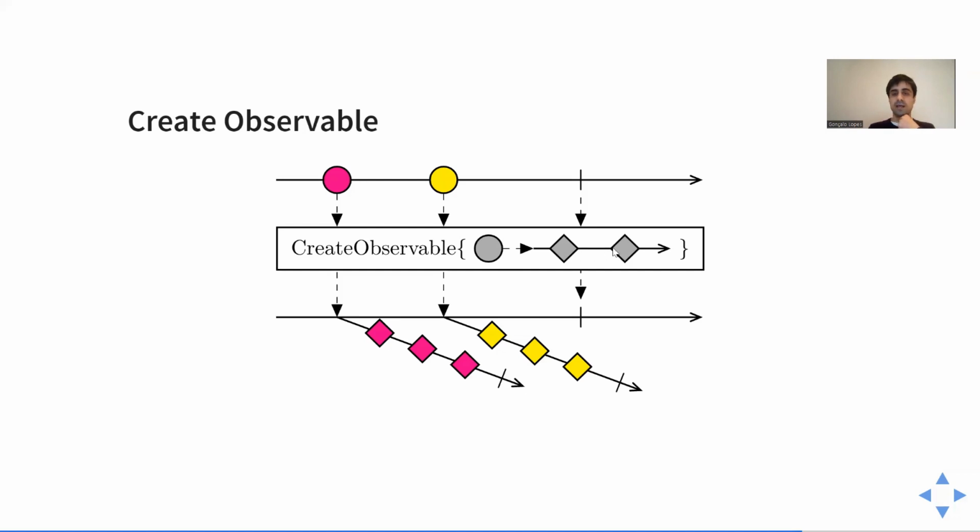The difference is that, unlike SelectMany, instead of unrolling all the sequences and flattening them all in parallel at the same time, CreateObservable just creates the sequence itself, just defines the sequence, but it doesn't run it in any way. It just creates an observable sequence that somebody downstream can connect to and listen, can subscribe to.